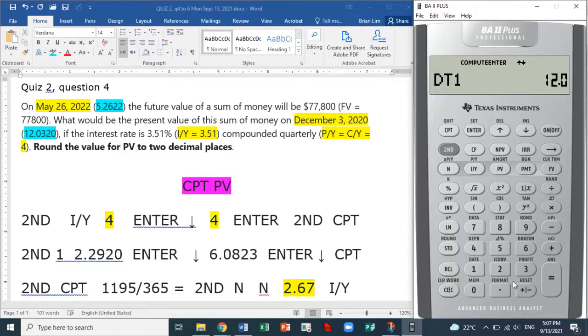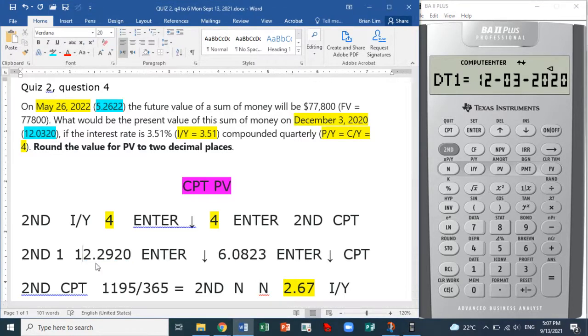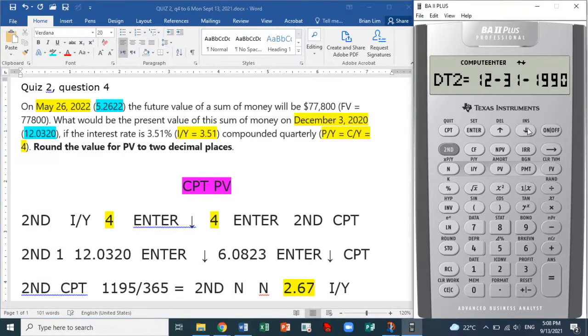The day, we have to put in 03 to fill in the 2 digits, and then 2020, so we put in 20, and we click on enter. This should be 12.0320.